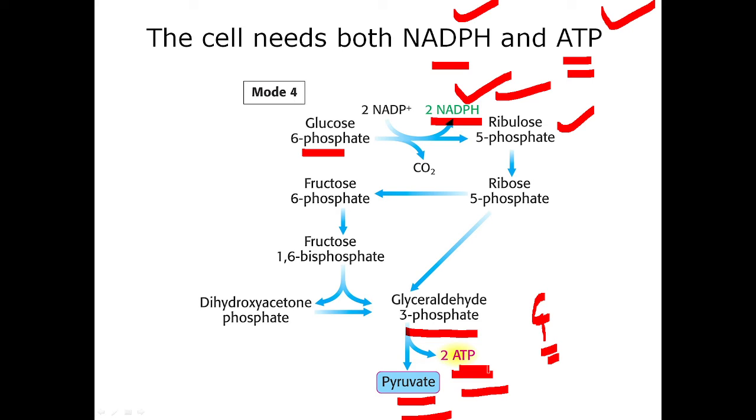So that is how the cell adjusts itself, whether you require NADPH more in case of fatty acid synthesis, or a rapidly dividing cell where you need ribose 5-phosphate more, or sometimes the reducing equivalent NADPH is required more as well as ATP is required more, then the cell resorts to different pathways.